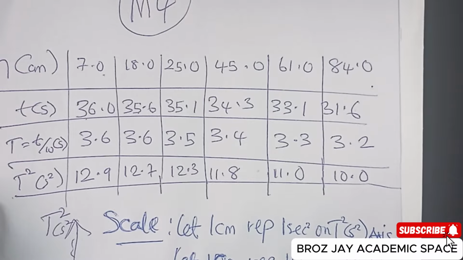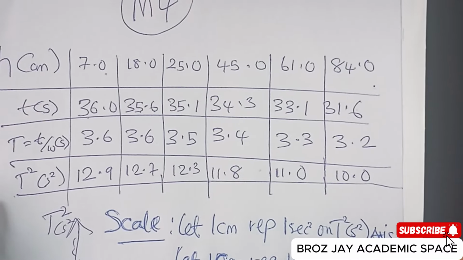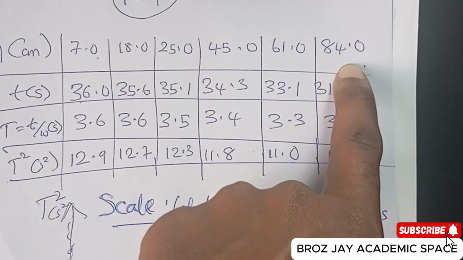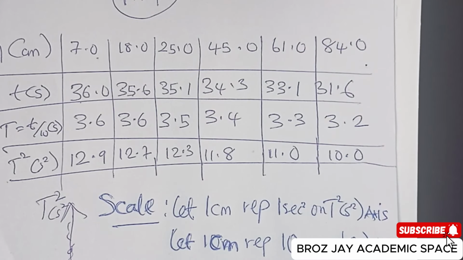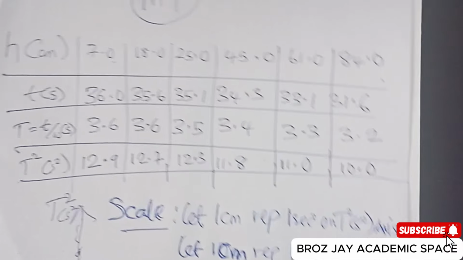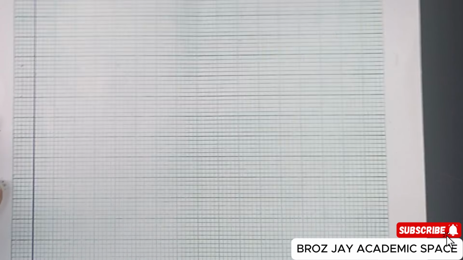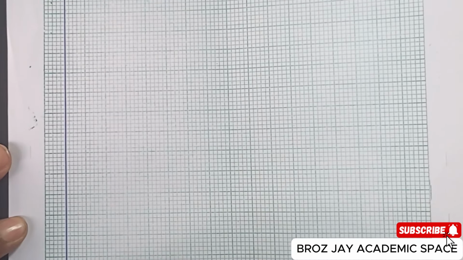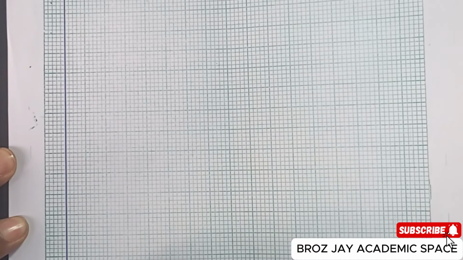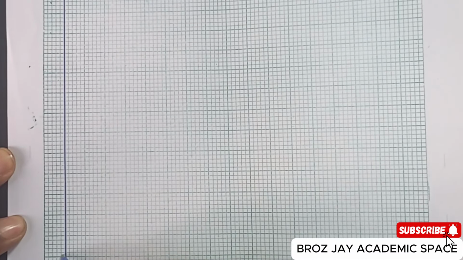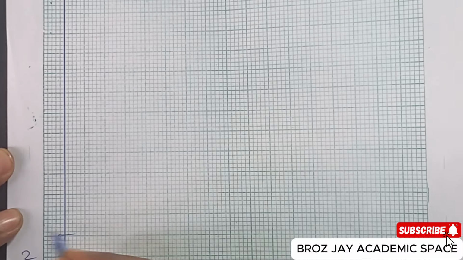Why are we doing 10 centimeter? Because the value is very big. So that's our scale, which you write at the bottom of your graph. We say that for the vertical axis, we have 1 centimeter represents 1.